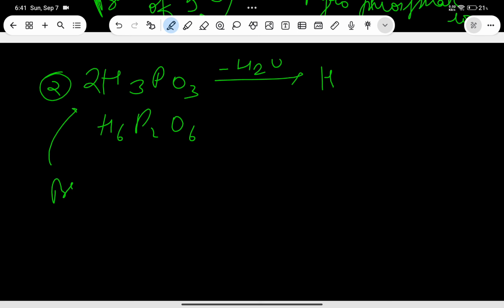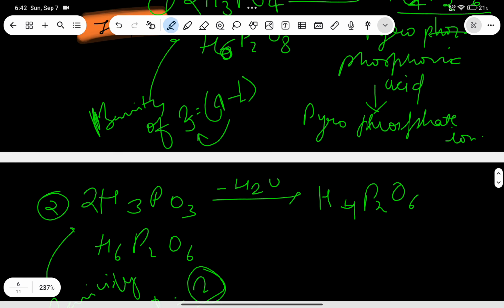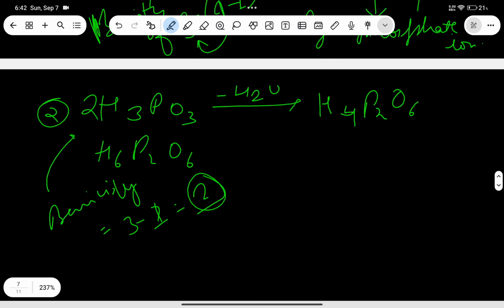It has a basicity of 3 minus 1, which comes out to be 2. It has a basicity of 2, so therefore it can release 2H. So it will be H4P2O5, sorry, not O6.